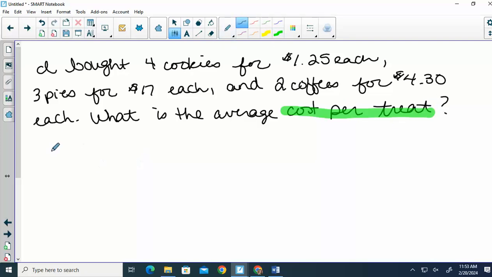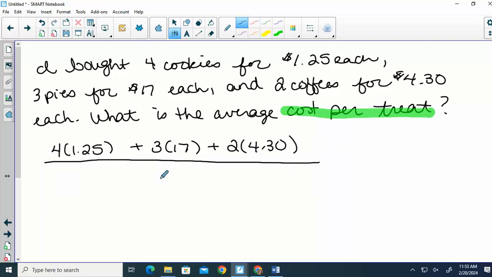So we have 4 cookies that cost $1.25 each, 3 pies that cost $17 each, 2 coffees that cost $4.30 each. But when I'm dividing, am I dividing by the money or the number of items?